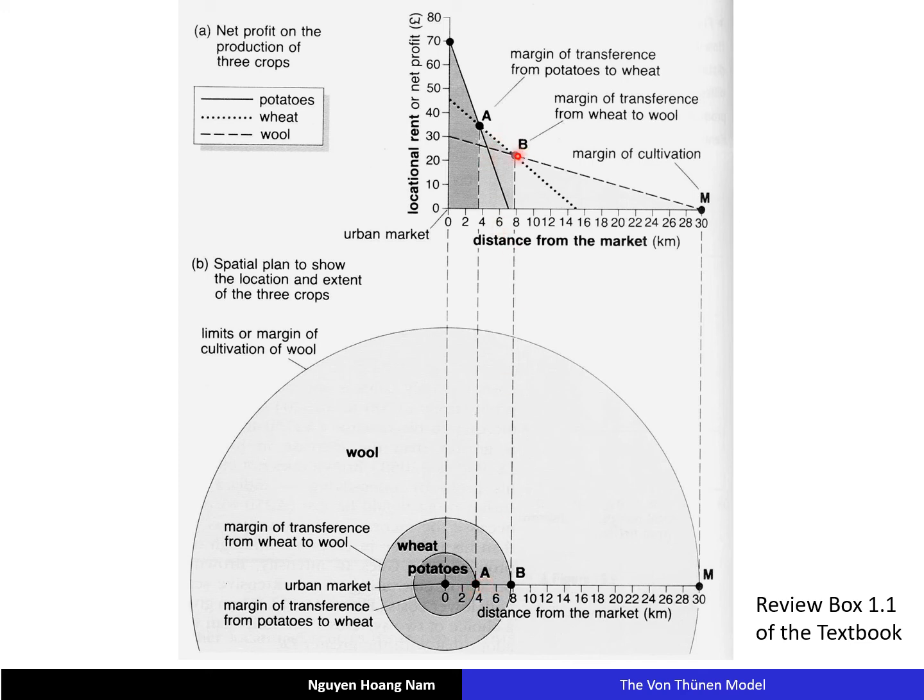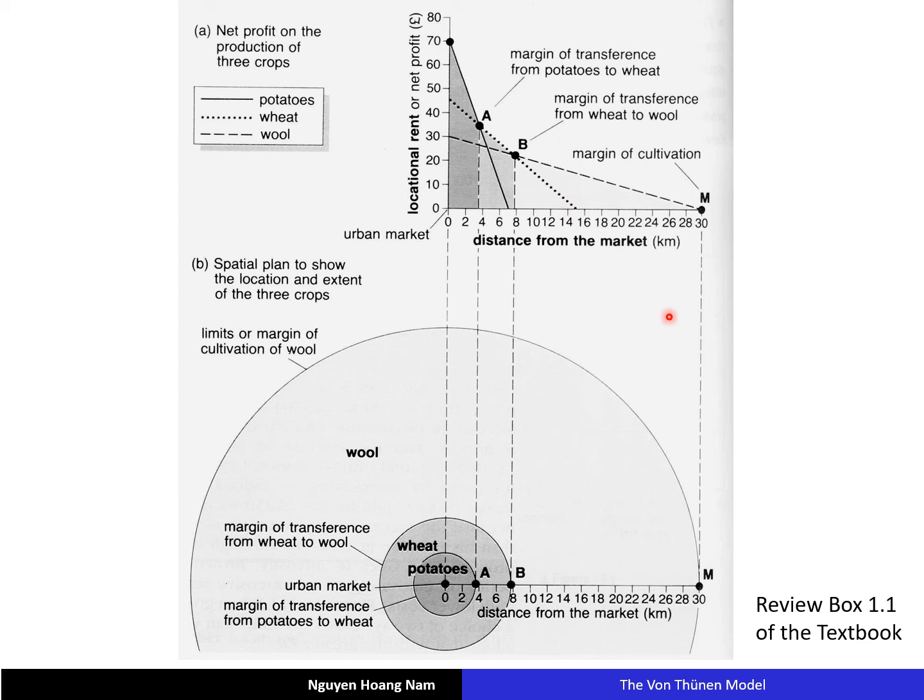The same thing is the intersection here. From here, wool turns out to be more beneficial than wheat because the location range is higher than the location range of wheat.